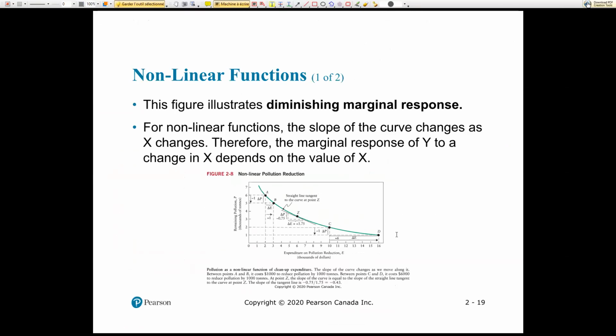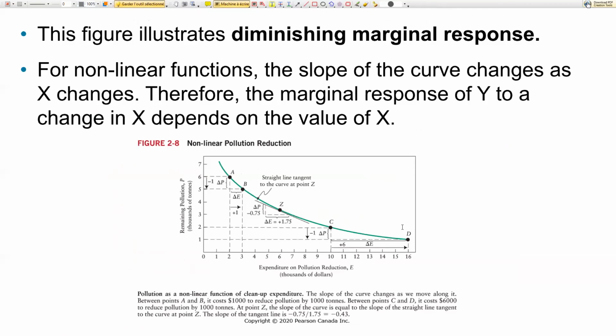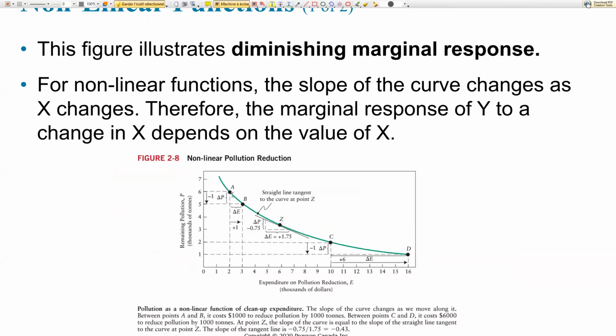All right. Nonlinear functions. This is the same thing, but what you notice there is that the starting point matters. If I start at A, and I go from 2 to 3, then what is the change in the vertical axis? It's from 6 to 5. So the slope here is delta P over delta E. Oh, it's not written there, so I'm going to write it.